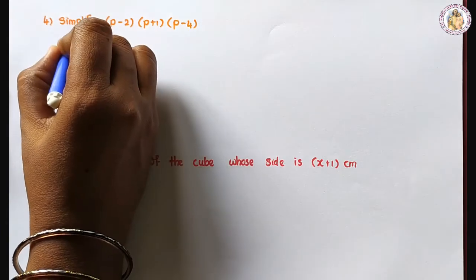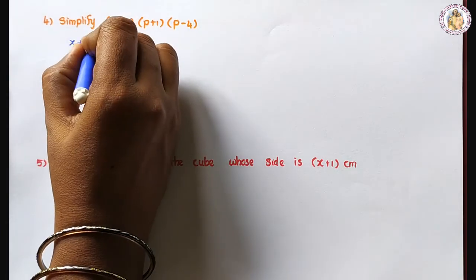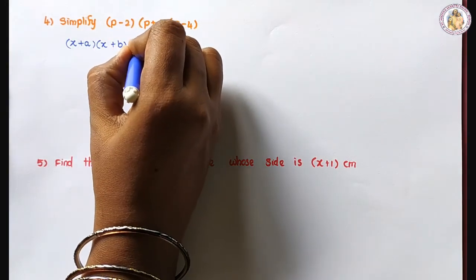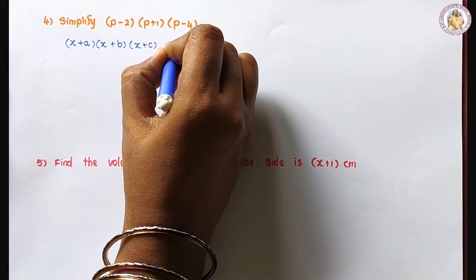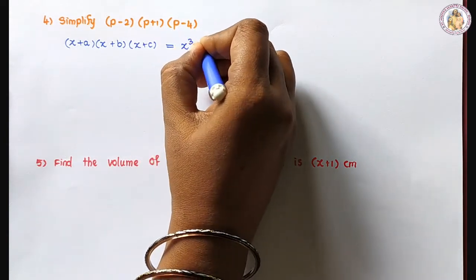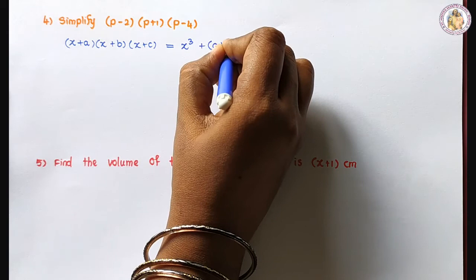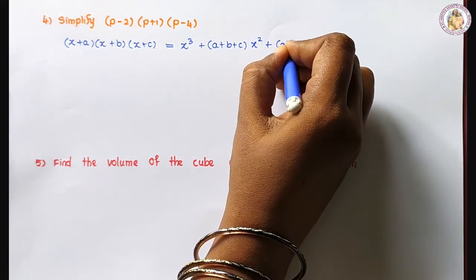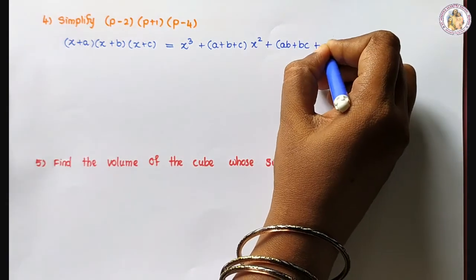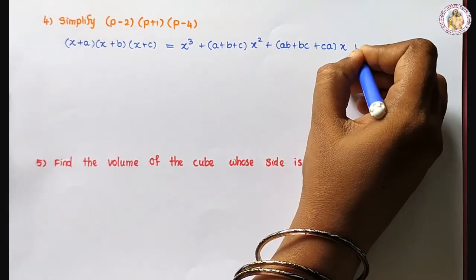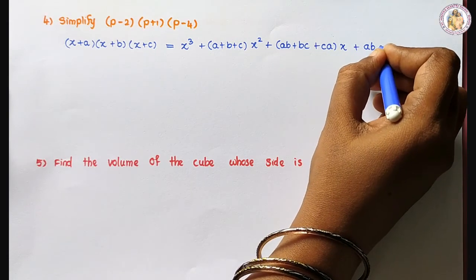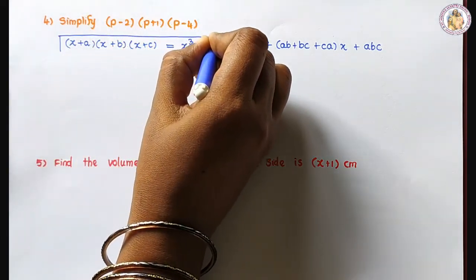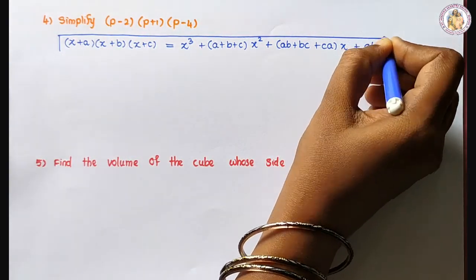It is in the format (x plus a)(x plus b)(x plus c) equal to x cube plus (a plus b plus c) x squared plus (ab plus bc plus ca) x plus abc. That is the formula.